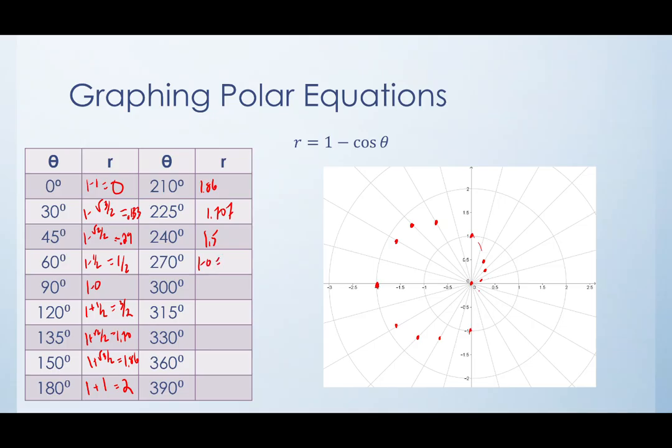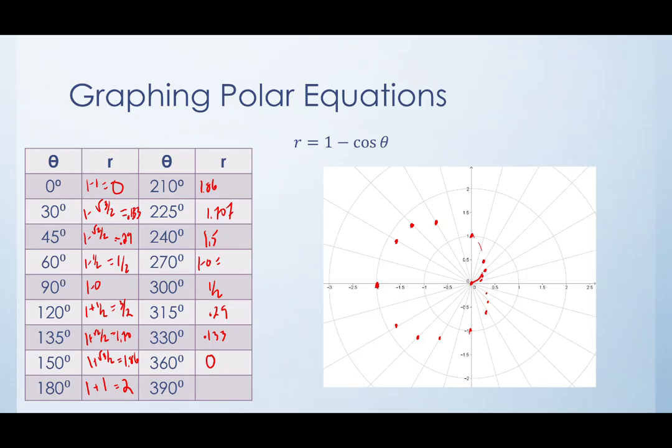And then we can do basically the same thing at 300. 360, of course, is going to be 0 again. 330 is going to be about the 0.133, the 0.29, the one half at 300. So that's what we're looking at here.